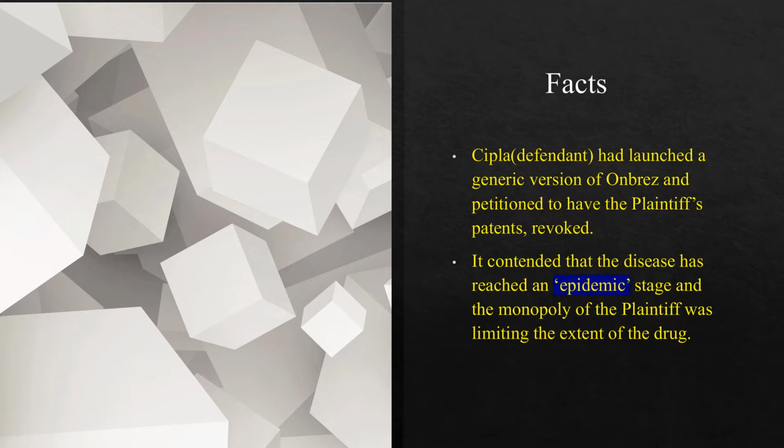Cipla launched a very low-cost generic version of Onbridge, so it petitioned to have Novartis's patents revoked. That means Cipla showed the reason why it launched the generic version of Onbridge and why the plaintiff's patent needs to be revoked.